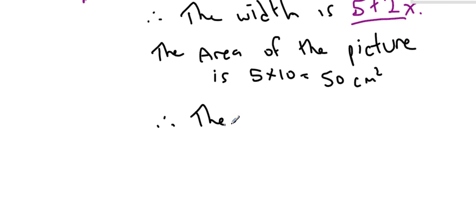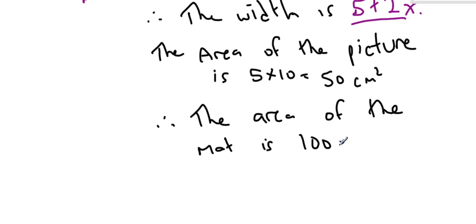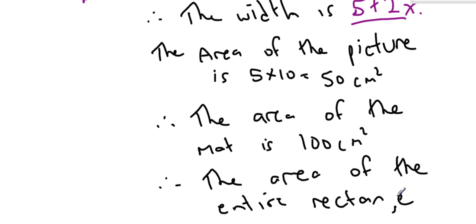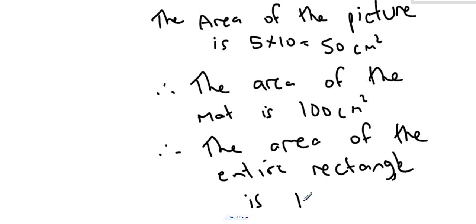Therefore, the area of the mat is 100 square centimeters, and therefore the area of the entire rectangle is the two of them together, or 150 square centimeters.